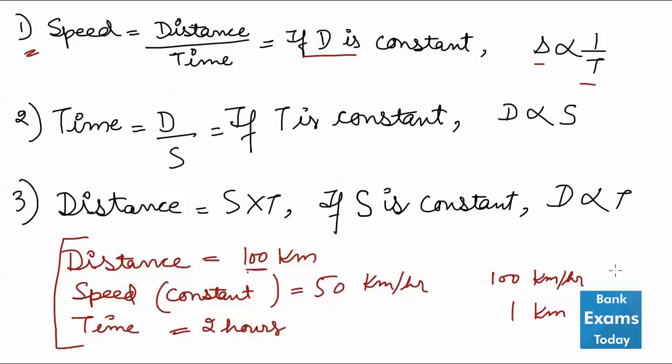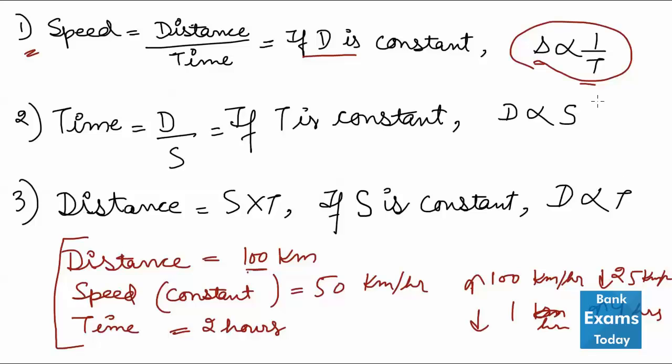If the speed decreases to 25 kilometers per hour, the person will cover the distance in 4 hours. So the speed is inversely proportionate to time. If the speed increases, the time taken decreases, and in case the speed decreases, the time taken increases.